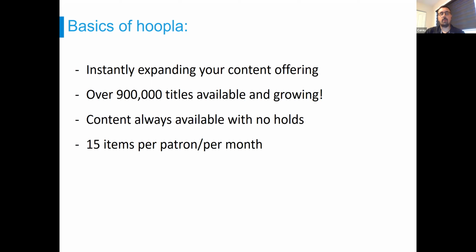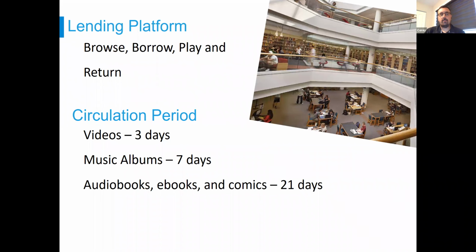Content is always available. I know Dearborn Heights is offering 15 circulations per month. If you're not aware what that is, you can get 15 titles each calendar month to enjoy, out of the 6 formats. So Hoopla does keep to the library lending model that you're used to, meaning you can go to Hoopla, you can browse, you can borrow items, you can play, and then you can return them.